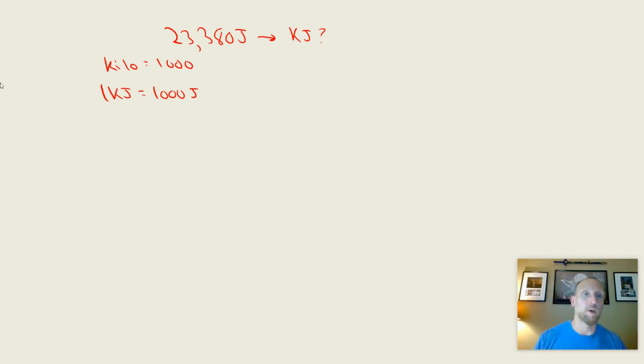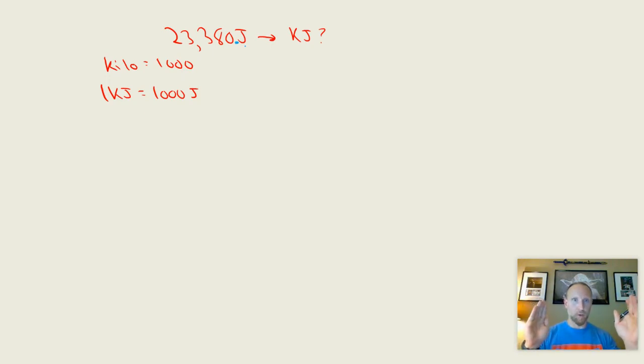So basically, use a little bit of common sense and ask, where's my decimal place? Here's your decimal place. It's at the end of the value. Anytime it's not shown in the number, the decimal place is on the end. So I want to move 3 places. Just think about your units. A joule is a little unit, and a kilo is a bigger unit.